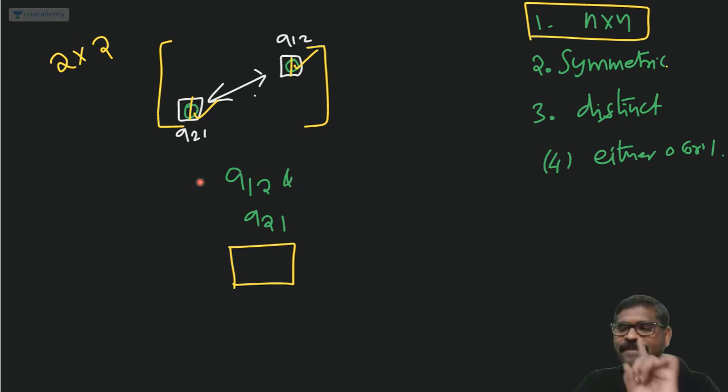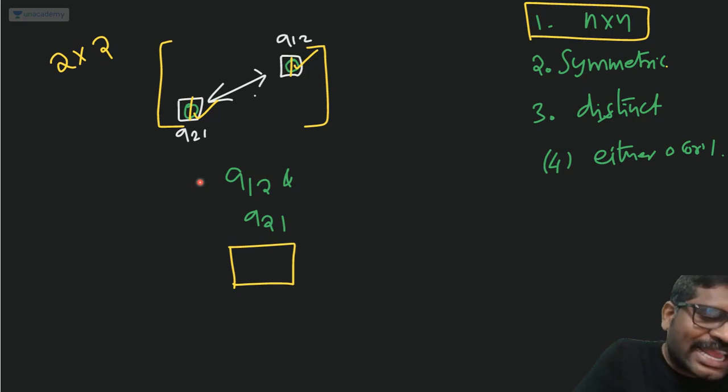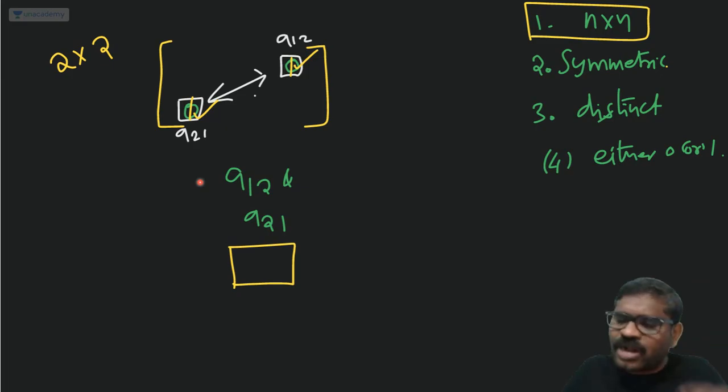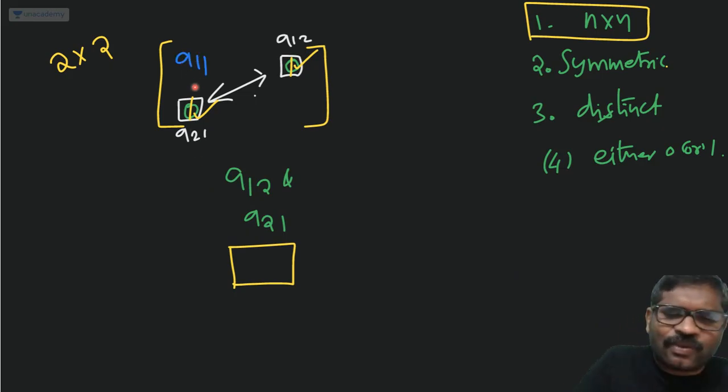Okay? Next. Sir, what about leading diagonal entries? What about the other two blanks? I am coming to that. Just wait. A11 is one blank. A22 is another blank.